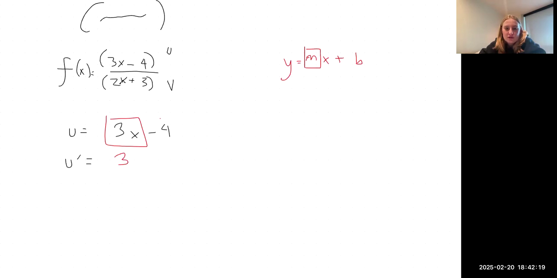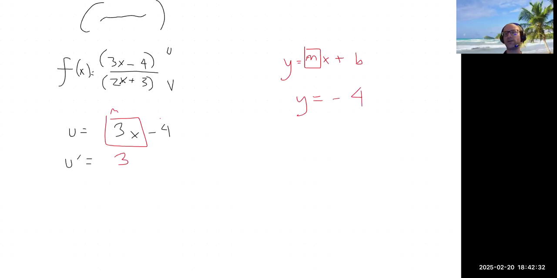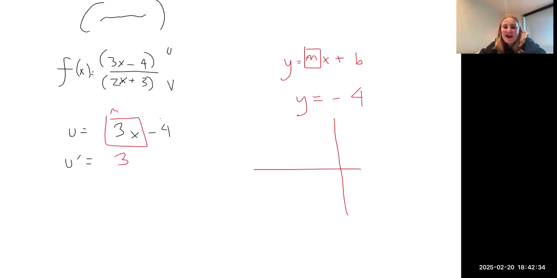In the generic y equals mx plus b, the 3 is like the m, and that's going to be the slope. If you had just y equals a constant, like y equals negative 4, what would that look like if I tried to graph it?